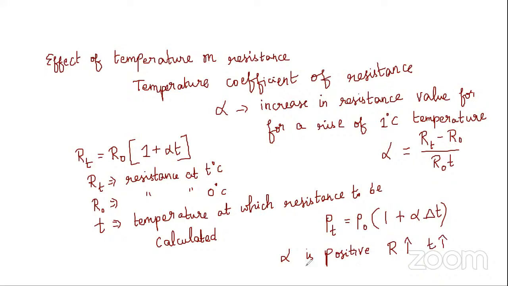On the other hand, if your alpha is negative, then the resistance of the conductor decreases with the increase in temperature. So this is how you need to understand the properties of alpha. Alpha value is negative for a particular set of materials called thermistors. And this is all you need to know about the effect of temperature on resistance and also resistivity.